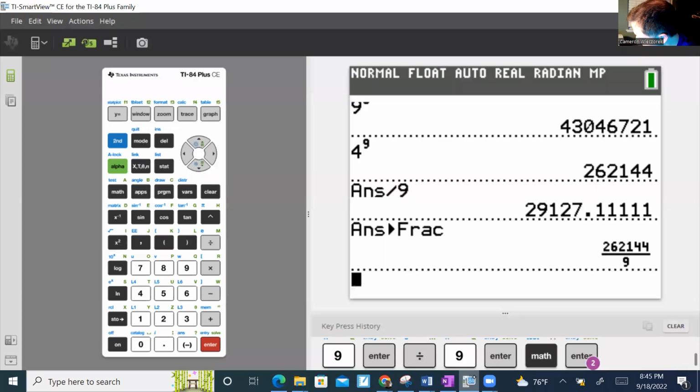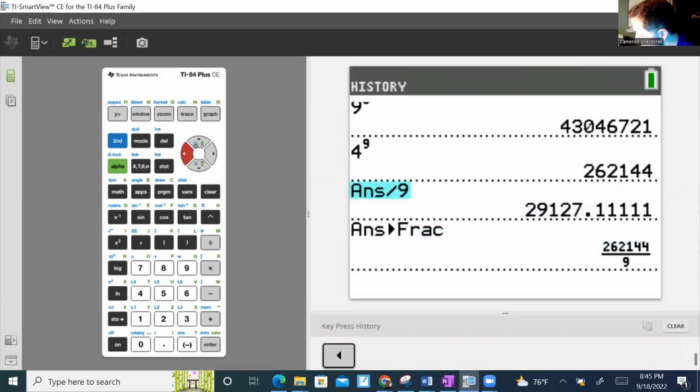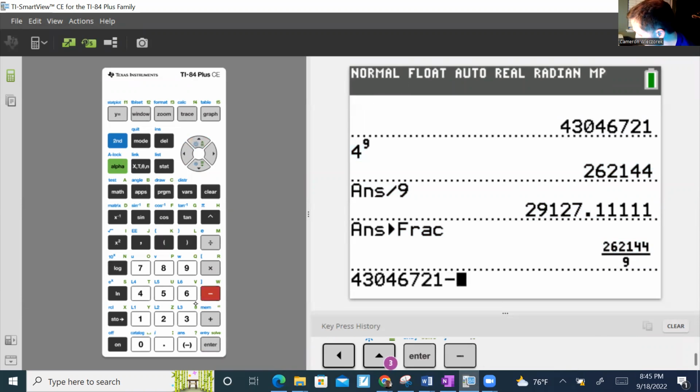Probably get a common denominator here, so I'm just going to use my calculator to do this one.